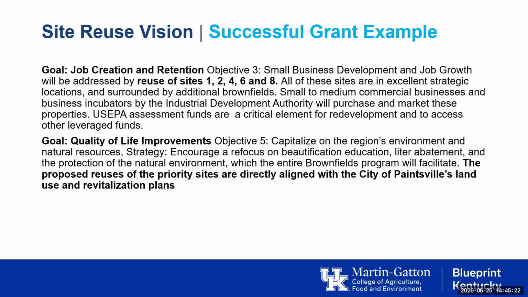And then the quality of life improvements, once again, down here, how they directly tie into Paintsville's land use and revitalization plans. So going from the broad plans into the very site-specific plans, and how these are going to also lead to things that you see here: beautification, litter abatement, natural environment protection, things like that.